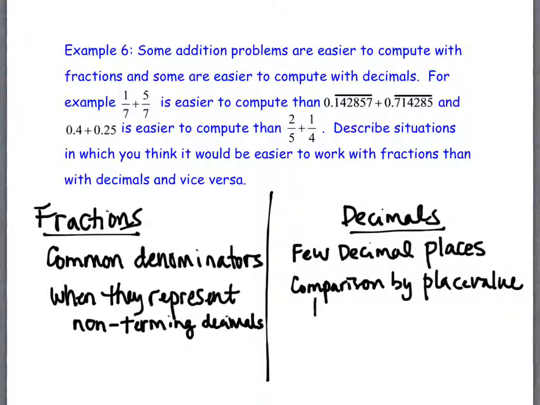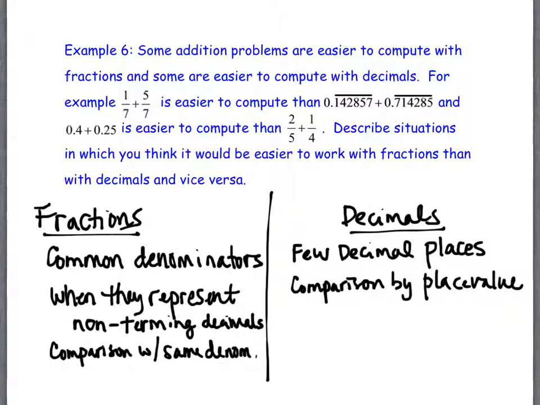I think it's more of a preference. So you'd like to say something like comparison with the same denominator, or being able to get them to be the same denominator. If they already have the same denominator, that's very nice to be able to compare, right? Yep, that's true. Anything else you can think to add to either list?